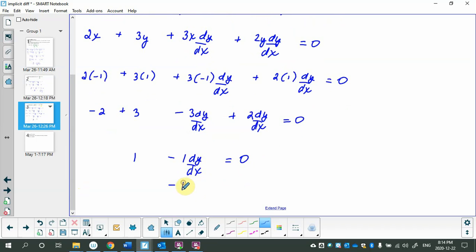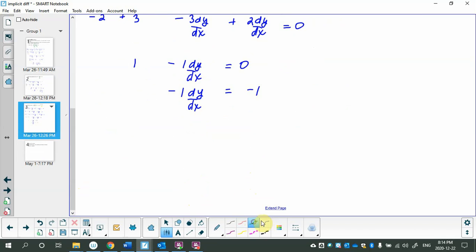So now I'm going to take the 1 to the other side, so I can isolate dy by dx, divide by negative 1 on both sides, and I have a real live, very specific version of dy by dx, an actual slope of the tangent. Negative 1 divided by negative 1 is 1.